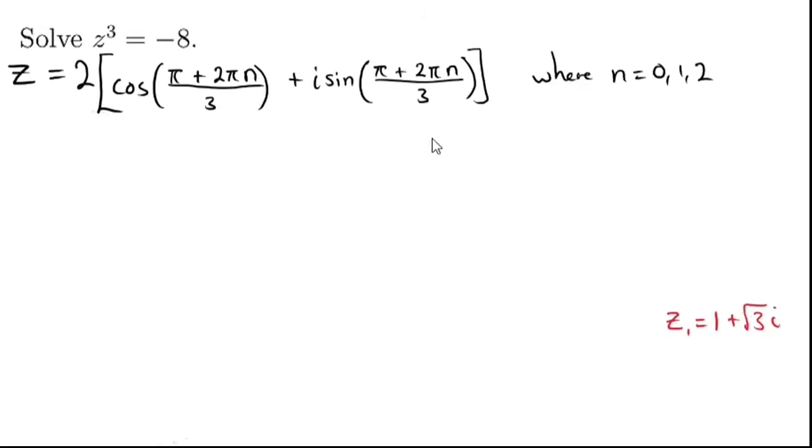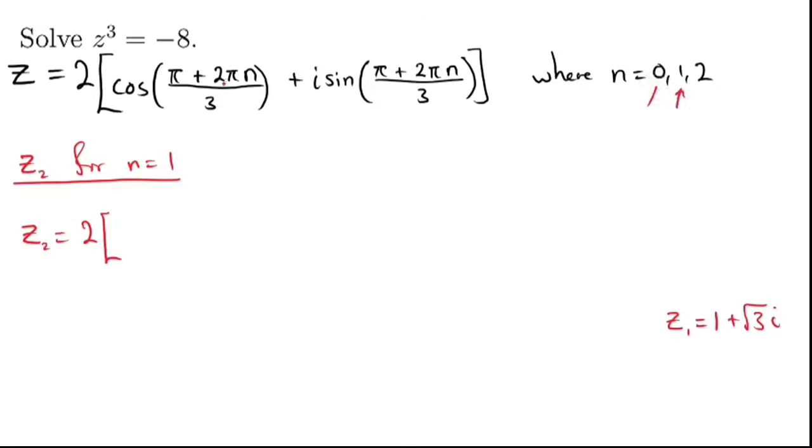Second solution, for z2, we set n equal to 1. We've done the 0 already. Now we're doing the 1, then we'll do the 2.